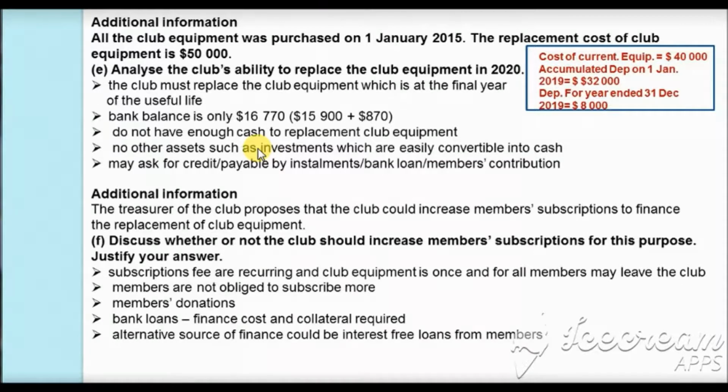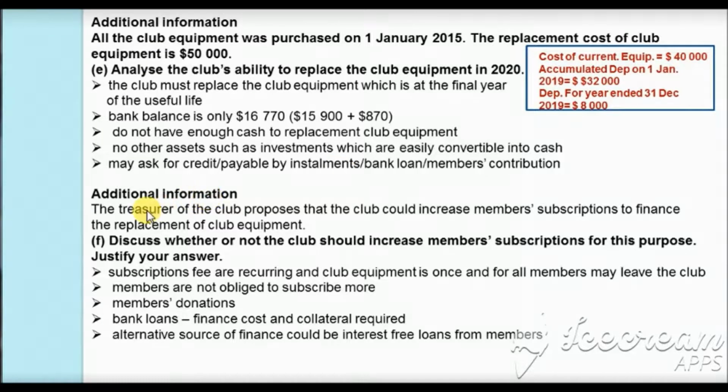So what they can do, they can purchase this equipment on credit or on hire purchase and make the payments of the installments, or they can take a bank loan, or they can ask the members to contribute for this equipment so that they can get the equipment which is required for the club on 1st January 2020.